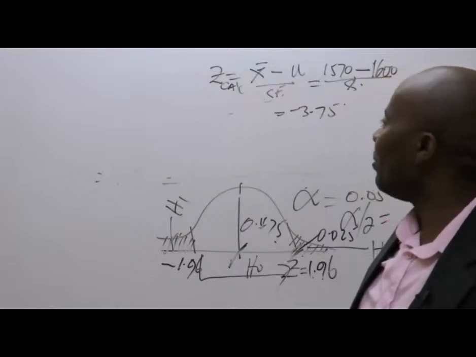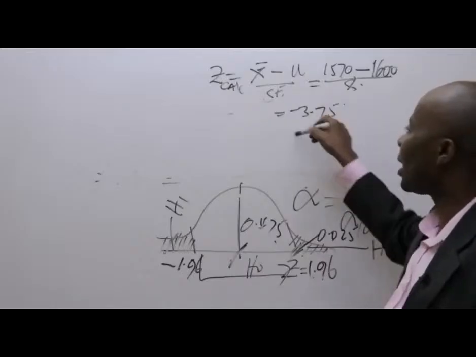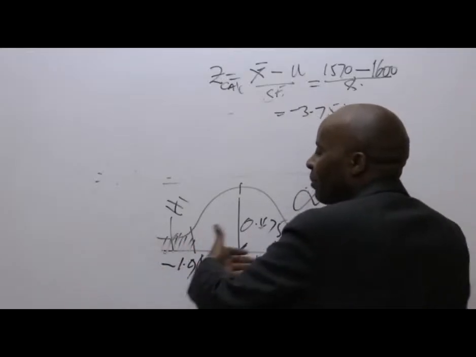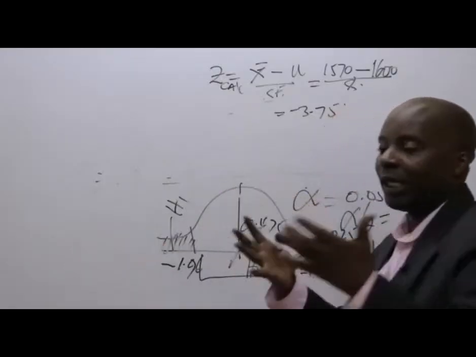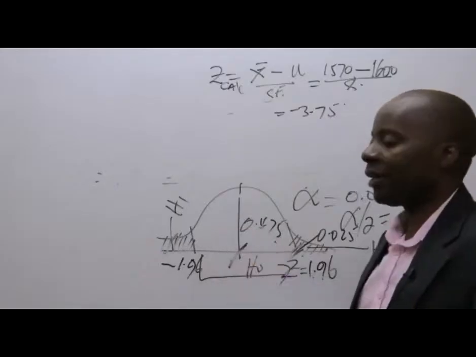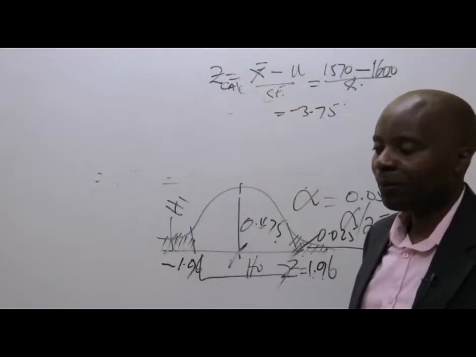Now, from there, place this Z calculated figure on your diagram. You have your number line here. Tell me whether it falls on a shaded or an unshaded area. This minus 3.75, where does it fall?